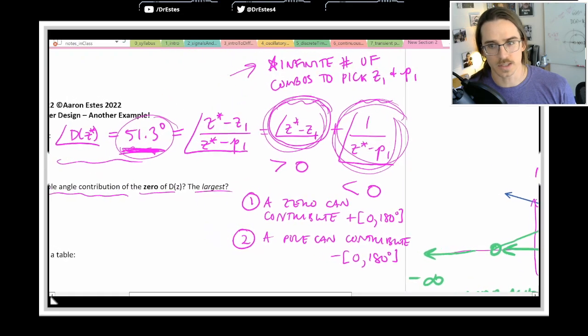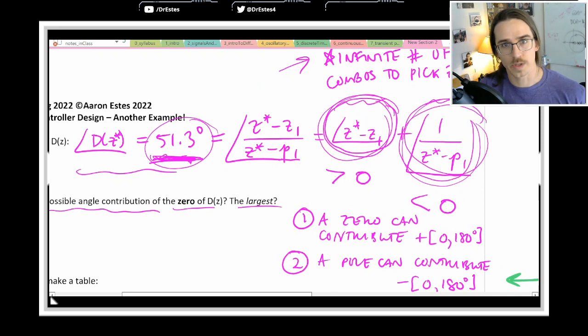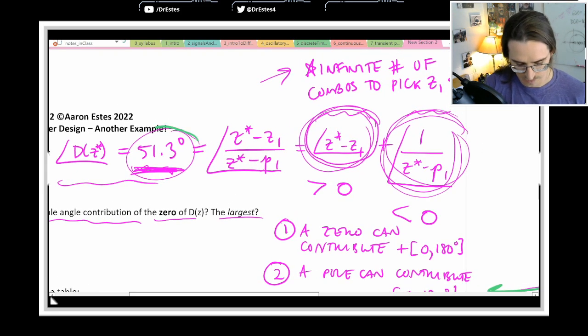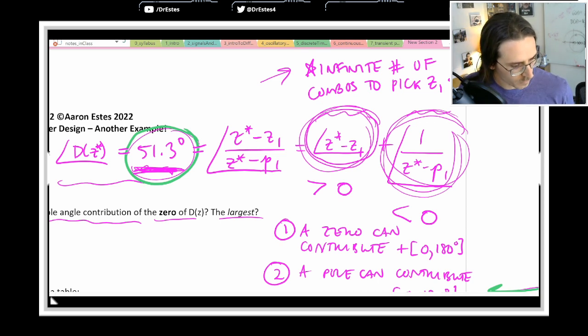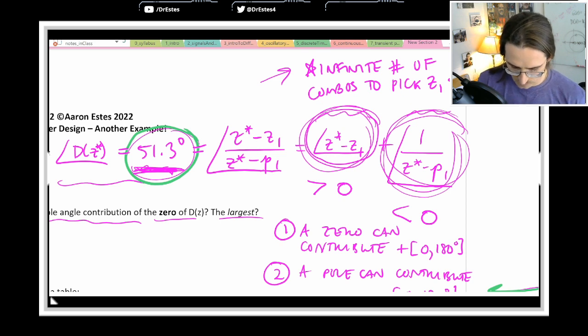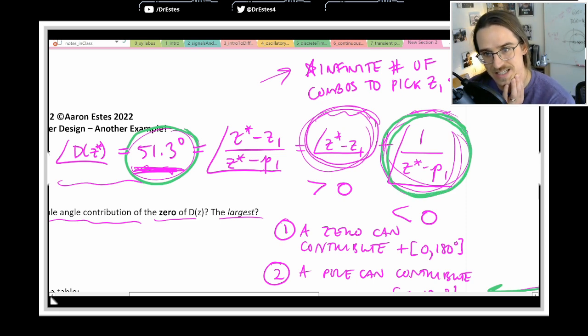Hopefully you've had a chance to sketch that. So when we look at this, it has to be positive 51.3. And the smallest angle contribution that the pole can give us is 0 degrees.